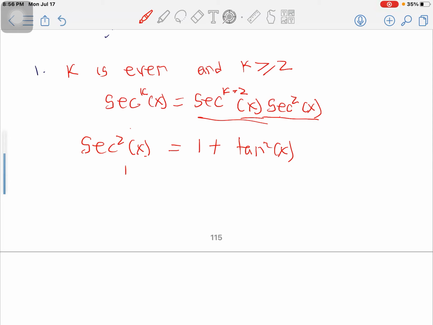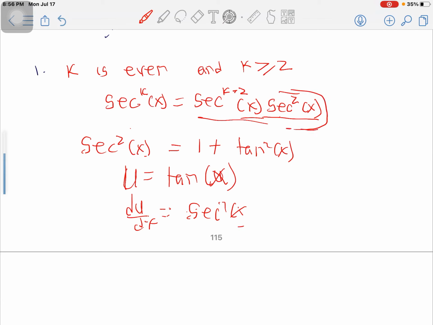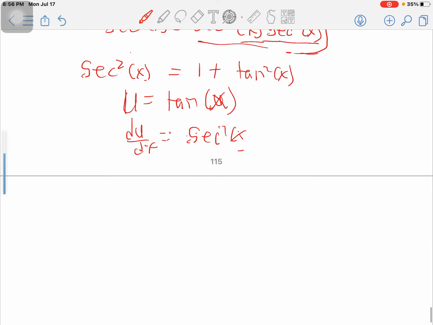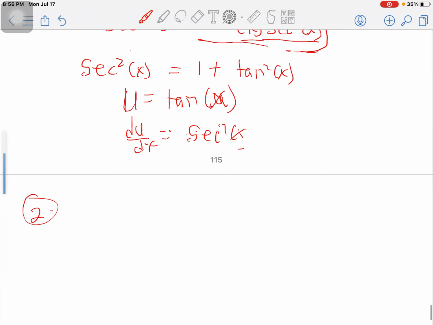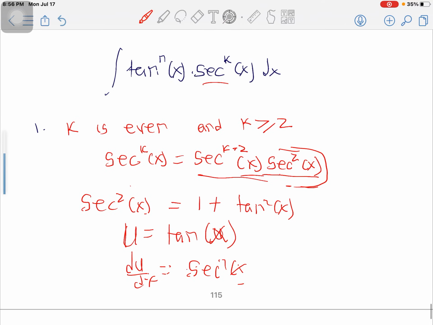And at the end of the day, since we reduce the sec x, which is similar to the sine and cosine functions we did, we are going to take our u to be equal to tan x. So just remember that. And at the end of the day, you are going to get du/dx of this tan is going to be sec square of x, which has been stated above, and then this will help us to eliminate this extension that we have done here. This is very crucial, and you must keep it in mind.